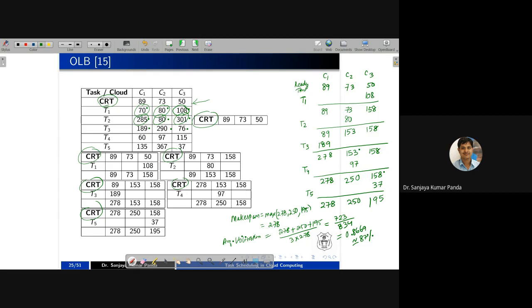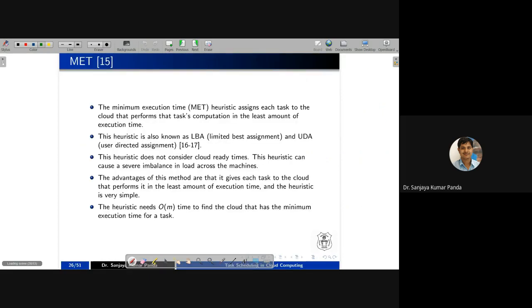You consider the cloud ready time, but at the same time you also need to consider execution time. That's why there is another algorithm called minimum execution time. This minimum execution time heuristic assigns each task to the cloud that performs the task computation in the least amount of time.